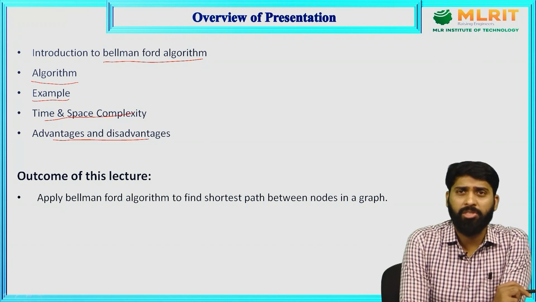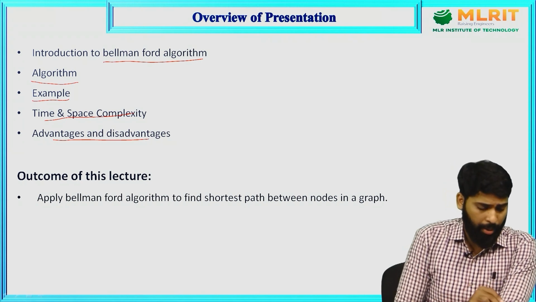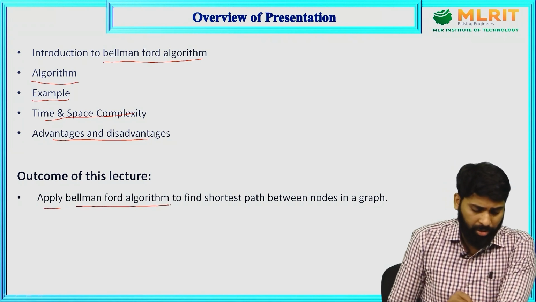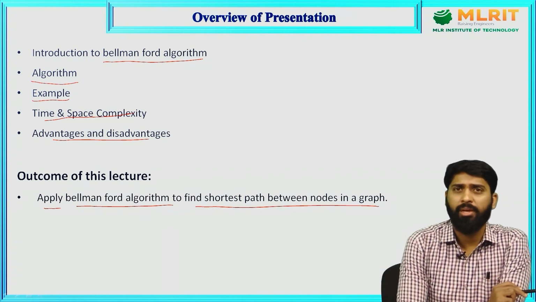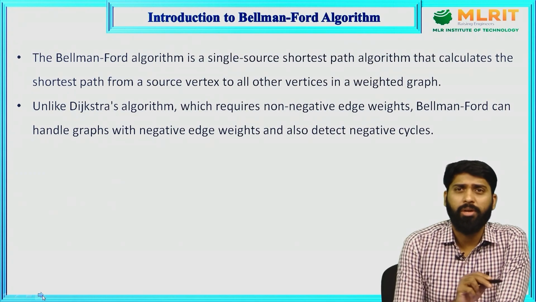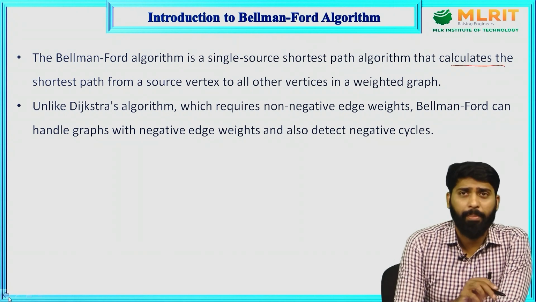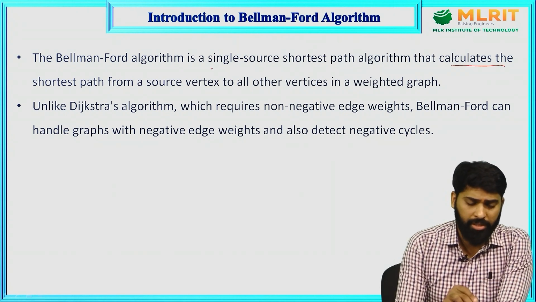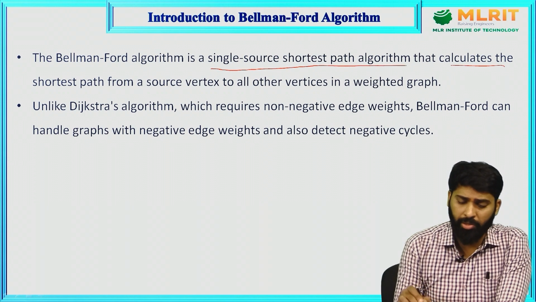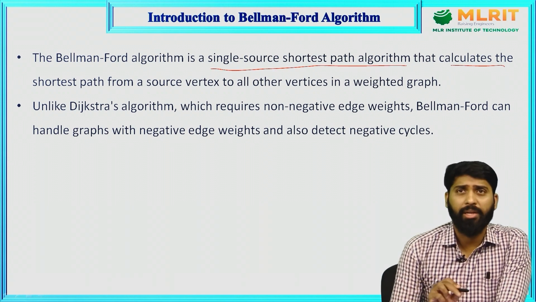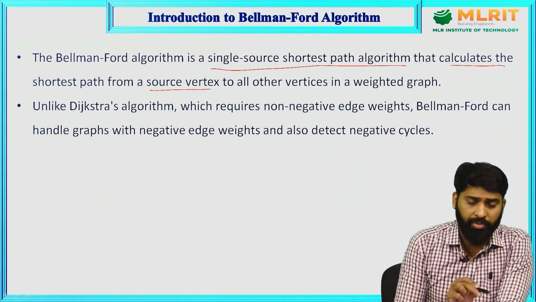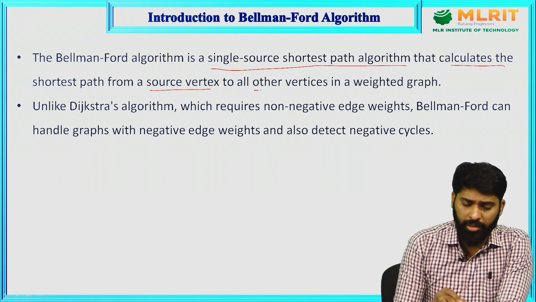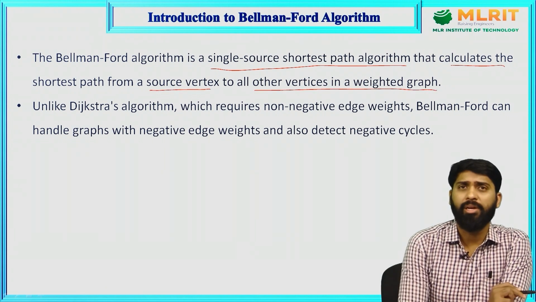Outcome of this lecture: at the end of this lecture, you will be able to apply Bellman-Ford algorithm to find shortest path between nodes in a graph. Introduction to Bellman-Ford algorithm. The Bellman-Ford algorithm is a single source shortest path algorithm that calculates the shortest path from a source vertex to all other vertices in a weighted graph.